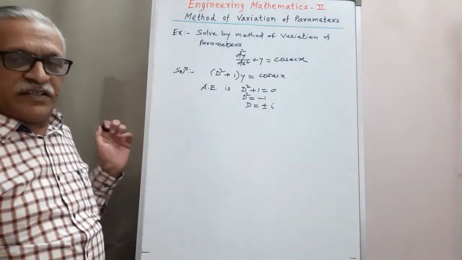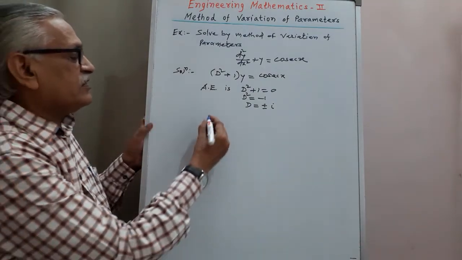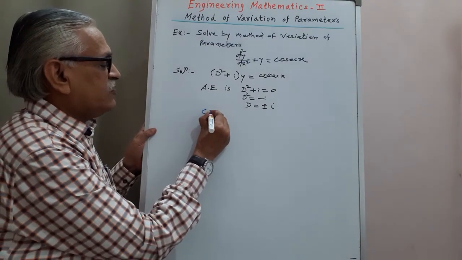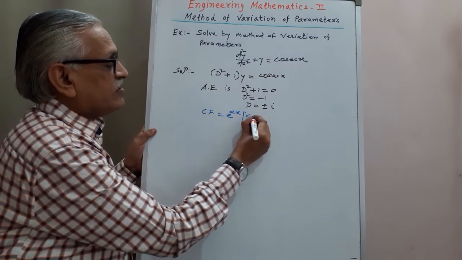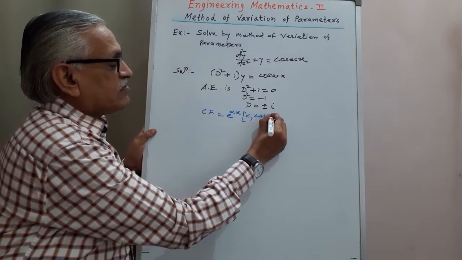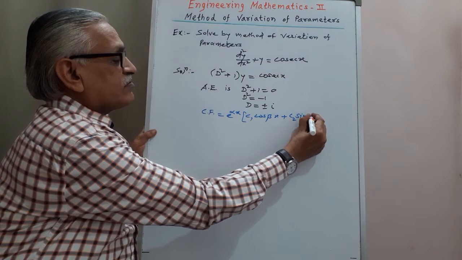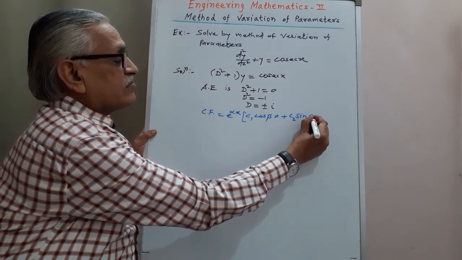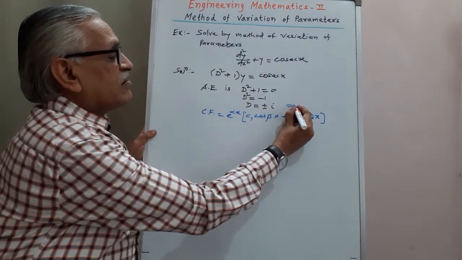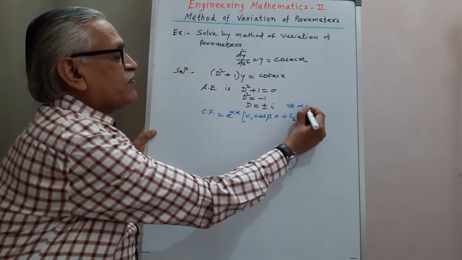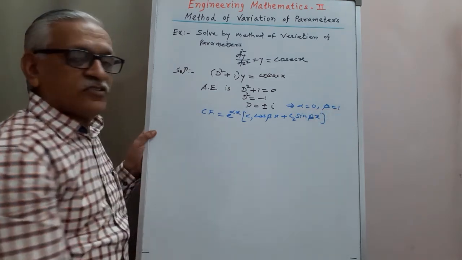The roots are imaginary, and as the roots are imaginary, the complementary function is given by e raised to alpha x into (c1 cos beta x plus c2 sin beta x), where alpha equals 0, the real part, and beta, the imaginary part, is 1, the coefficient of i.